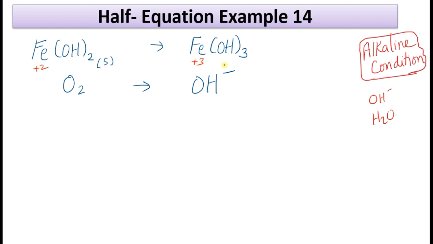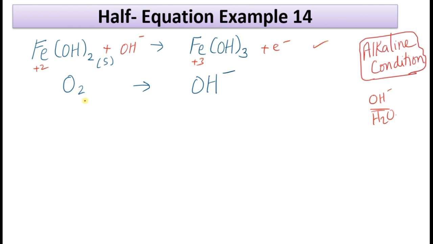So add the electron first, plus e minus. Now you can see this side's overall charge is -1, and you have no charge here, 0 charge. So I now have to add OH minus ions onto the left hand side. Now check the atoms, they are balanced, and the charge. So this half equation is done.